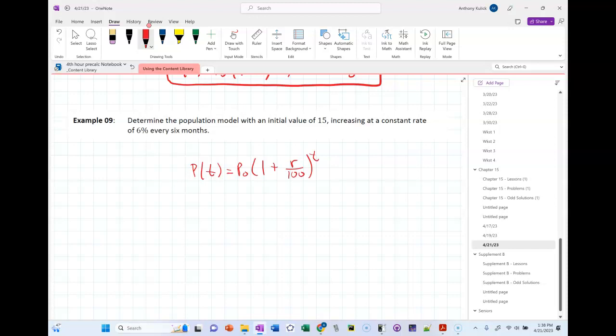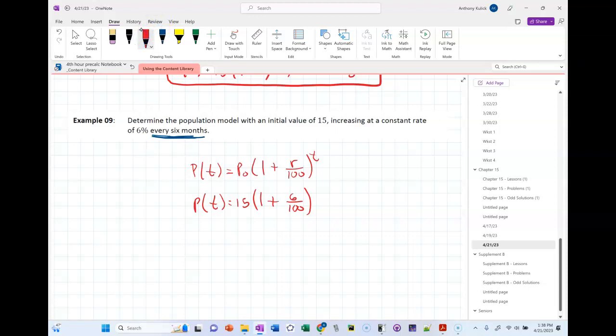It says the initial value is 15. So I know that P naught is 15. Increasing at a constant rate of 6% tells me R is 6. But the place that's different than the previous problem is that it says that this is happening every 6 months.